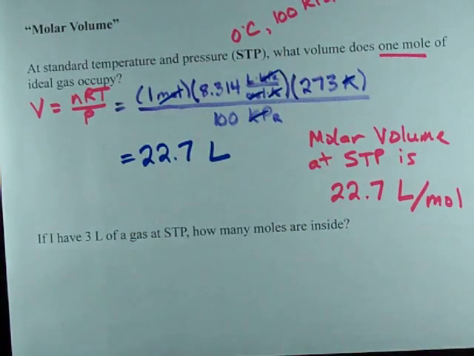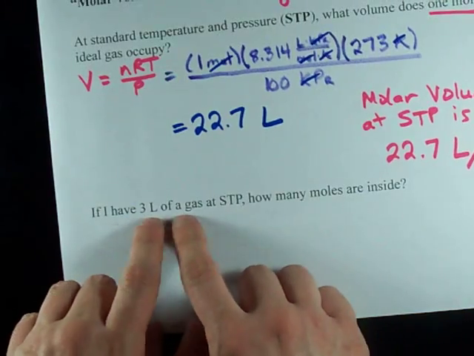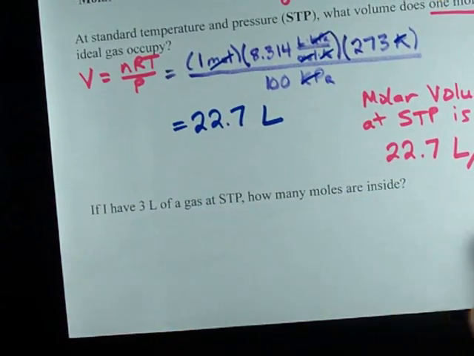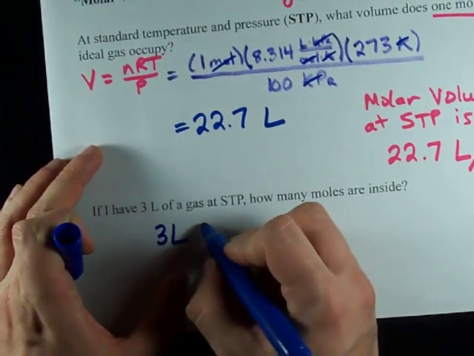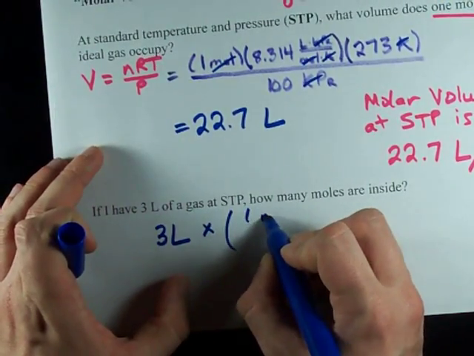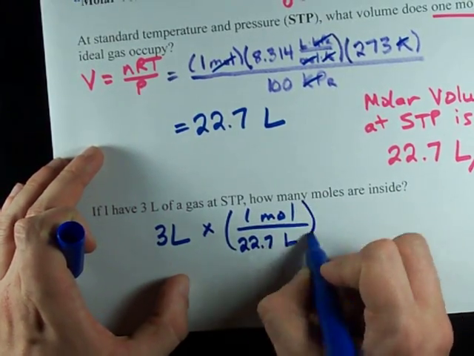Oh yeah. Hey, that's what they're asking here. If I have 3 liters of a gas at STP, how many moles are inside? Well, I have 3 liters of gas, and 1 mole of gas takes up 22.7 liters.